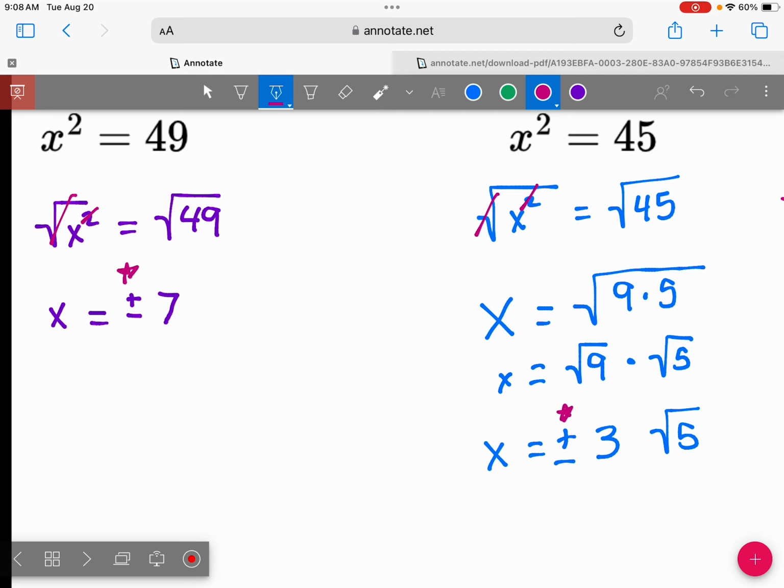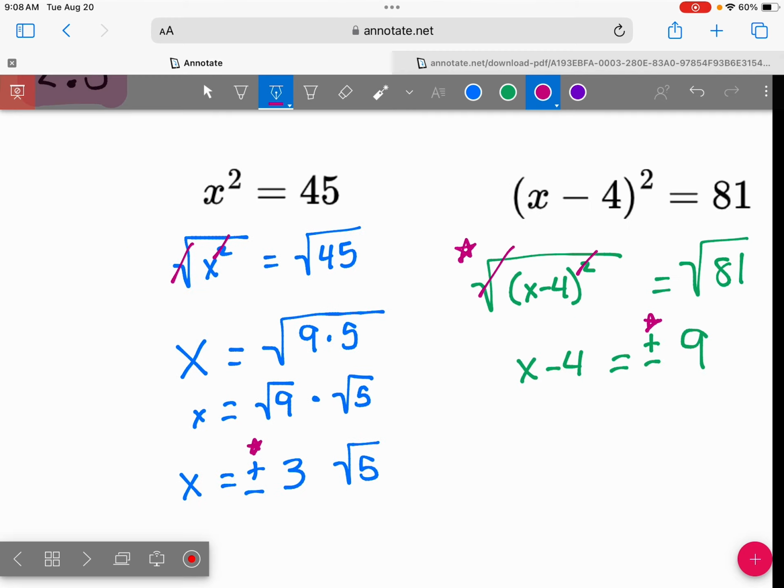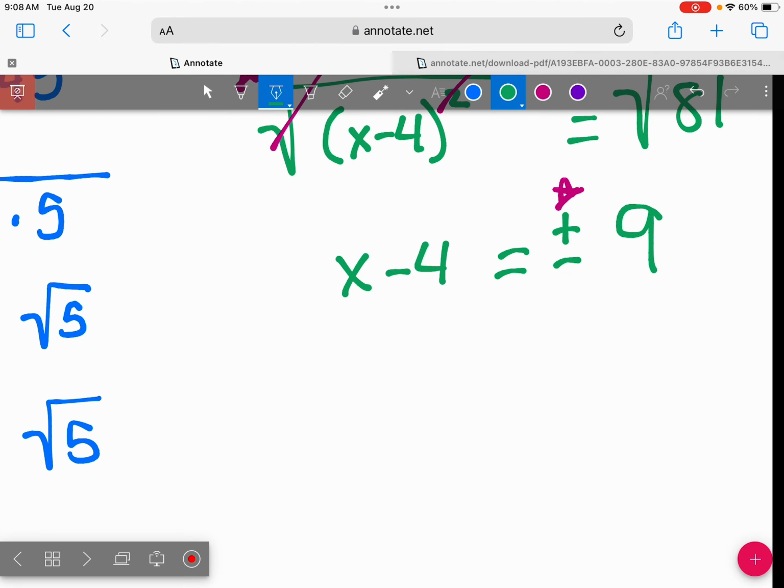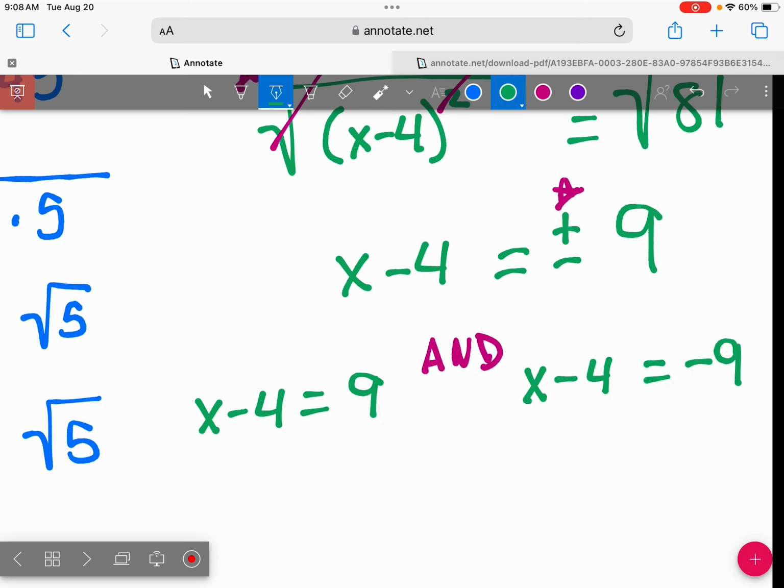Okay, that's where the plus or minus piece comes into play. It's going to give us two solutions. So we're going to have to figure out when x minus 4 equals positive 9 and when x minus 4 equals negative 9. So we're going to wind up with two solutions. We wound up with two solutions on all the others. They were just very matchy-matchy.